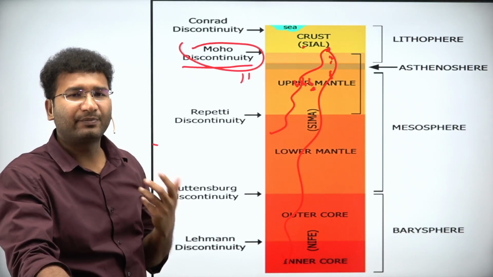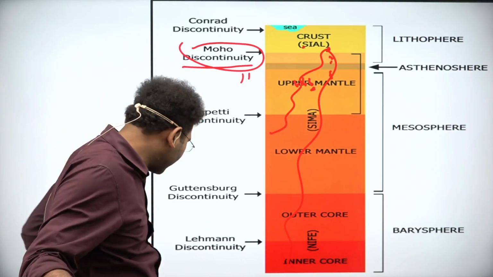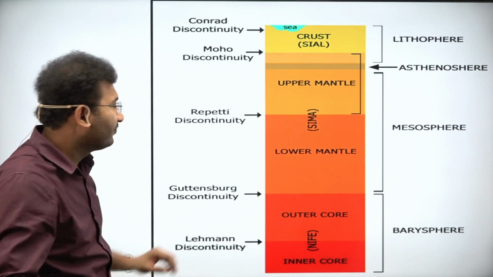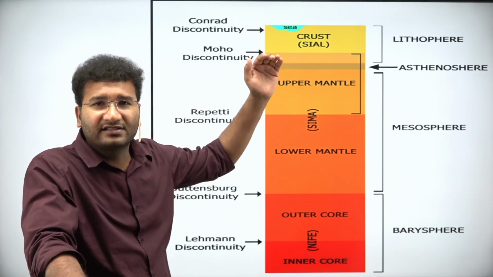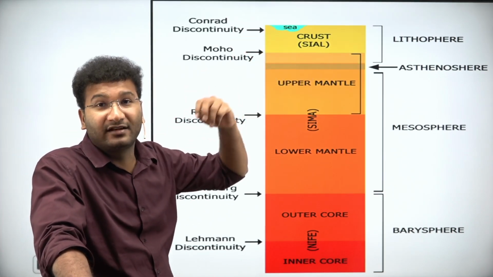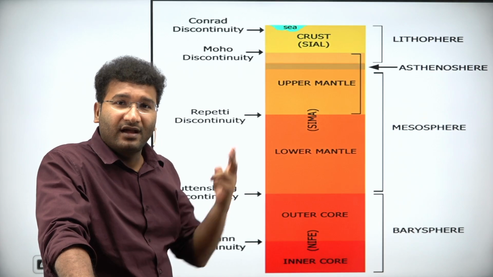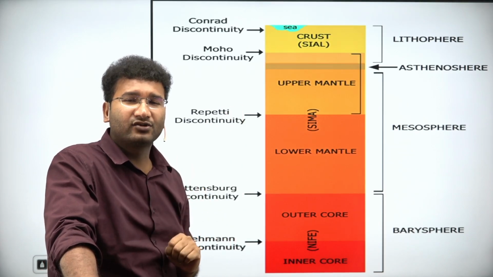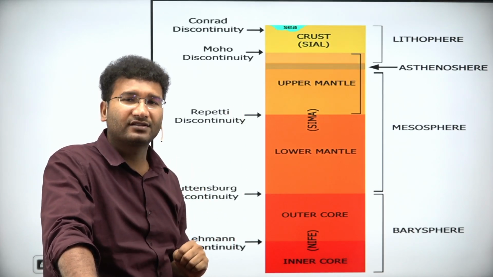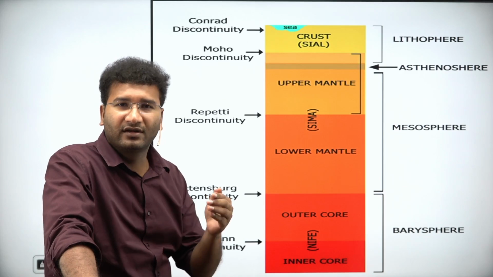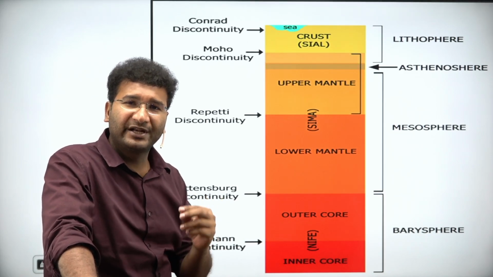Likewise, there is a person named Conrad. Conrad identified that within the crust itself there is an upper crust and also a lower crust. As the waves of the earthquake started to move a little lower into the crust, maybe 50 kilometers depth, the speed of the waves increased.